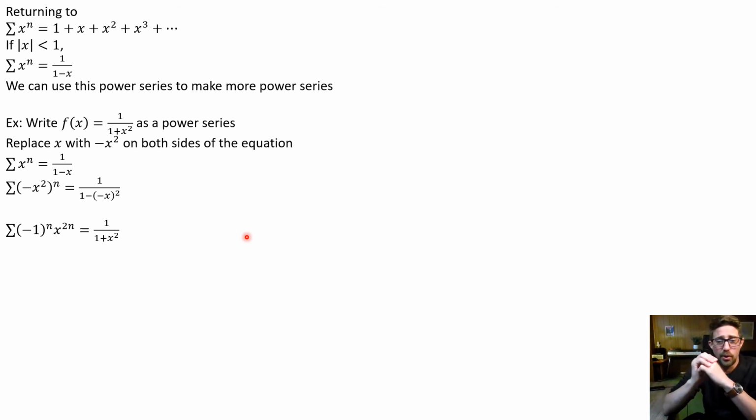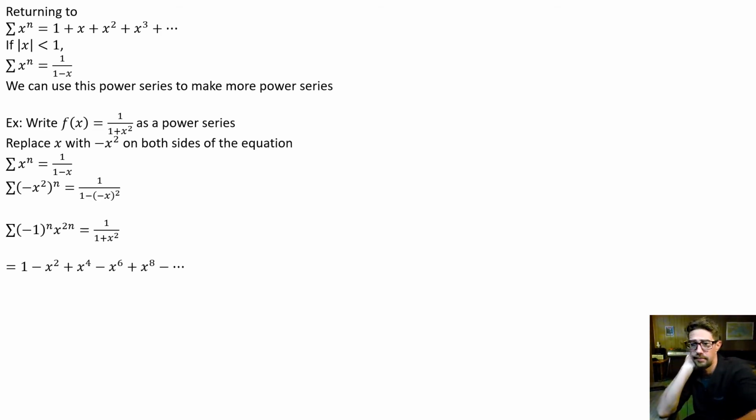Okay, so I'm going to show you a graph again because I want you to believe this. This isn't just theoretical math stuff. These two things are the same thing. They are the same exact function. Once again, it's helpful to write out some terms of a series so you know what you're looking at. So when n is 0, this is just 1. When n is 1, this is negative x squared. When n is 2, this is positive x to the 4th.